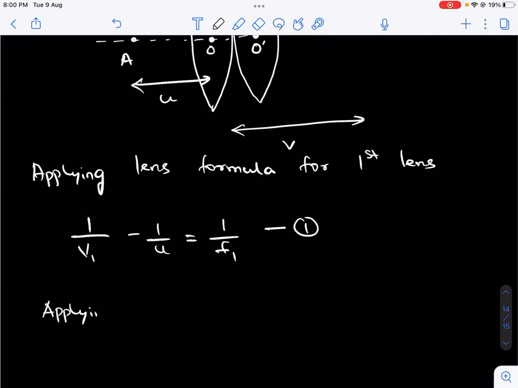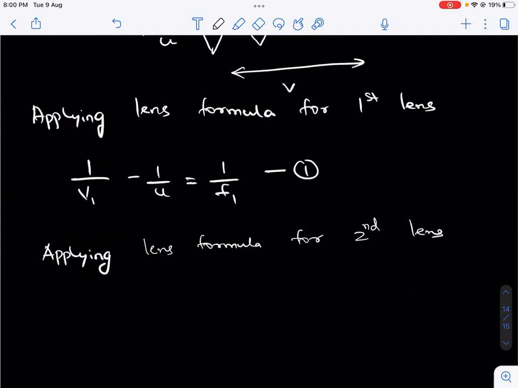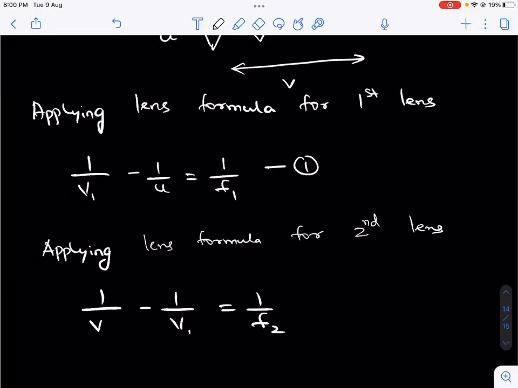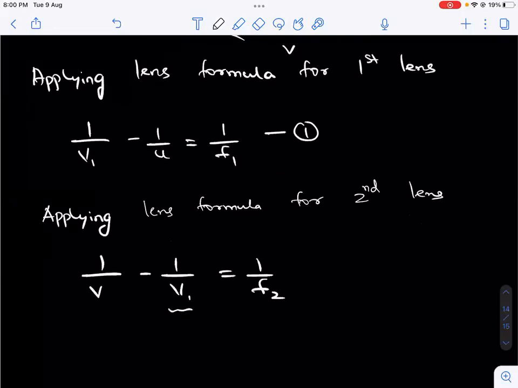Similarly, applying lens formula for the second lens, what will I get? 1 by v minus 1 by v1 is equal to 1 by f2. Because v1 will become the object distance with respect to the second lens. So this will be 2.